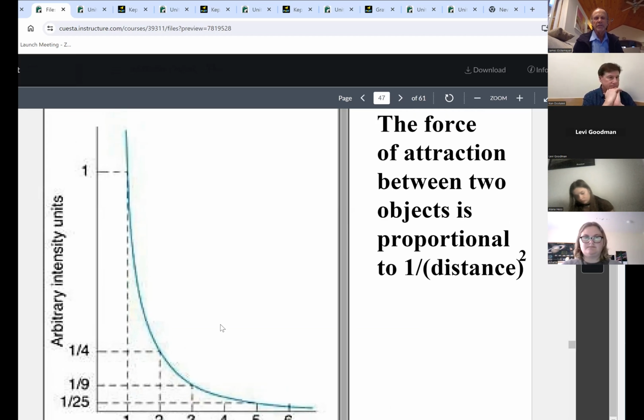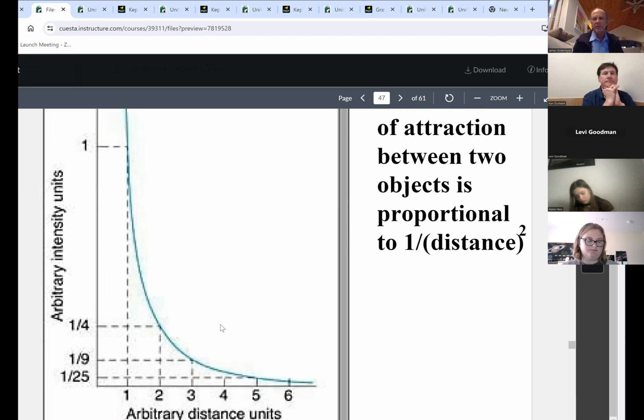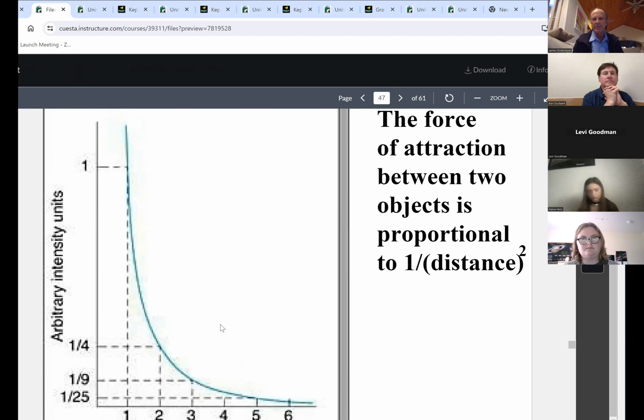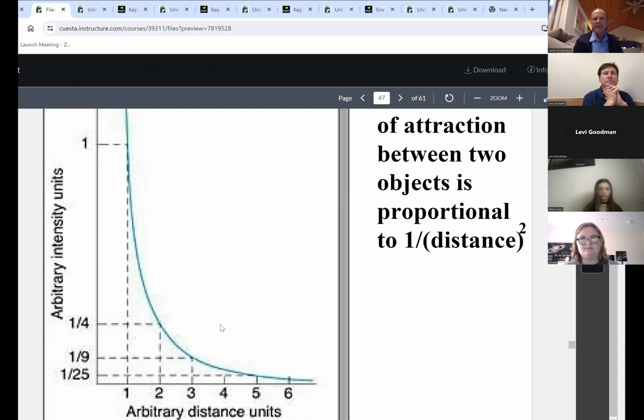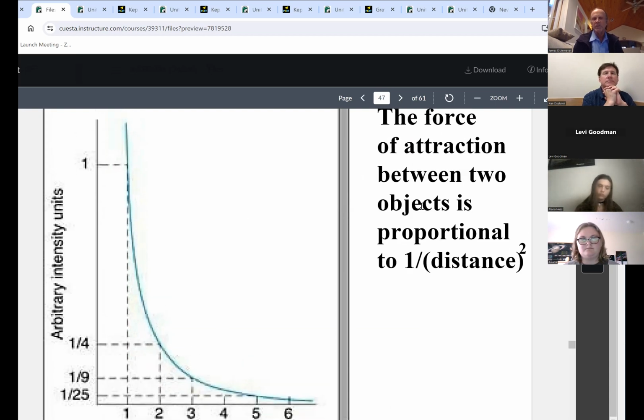And so what Isaac Newton was able to show, this is after Kepler, when he was trying to demonstrate that Kepler's laws of motion are valid, is that the force of attraction between two objects is a strong function of the distance. And it goes like 1 over the distance squared.